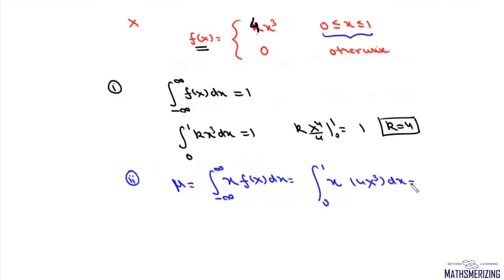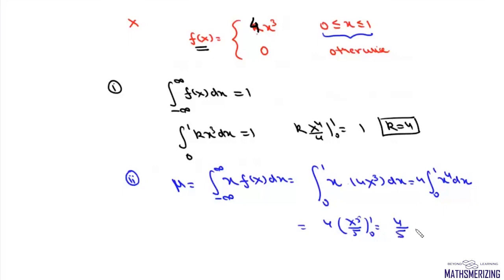So it will be 4 times the integral from 0 to 1 of x to the power 4 dx, which is equal to 4 times x to the power 5 upon 5 from 0 to 1. So its mean will be simply 4 by 5.